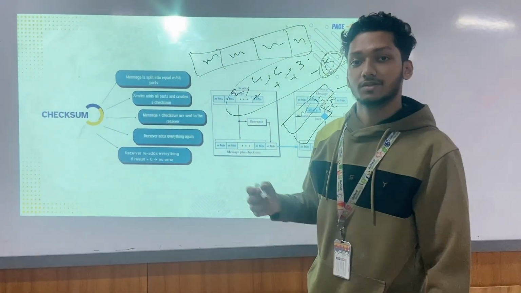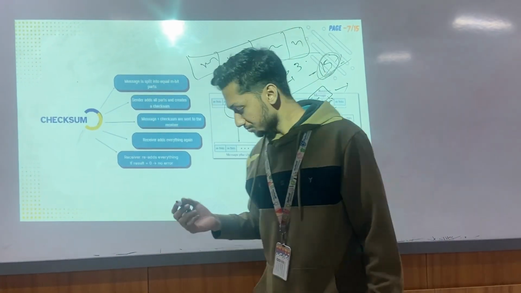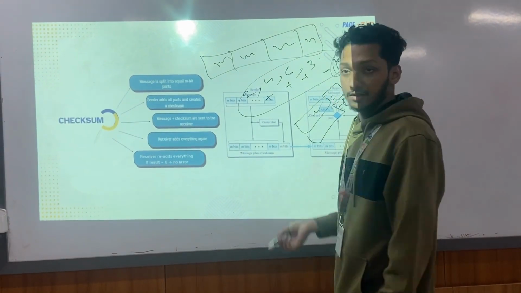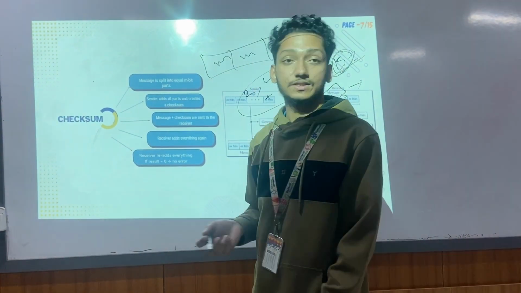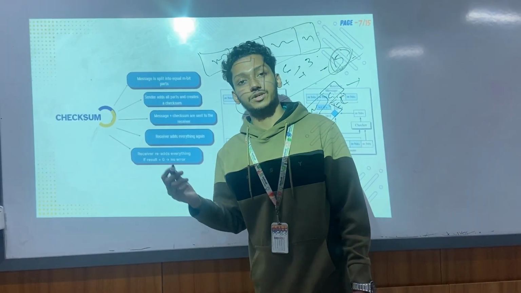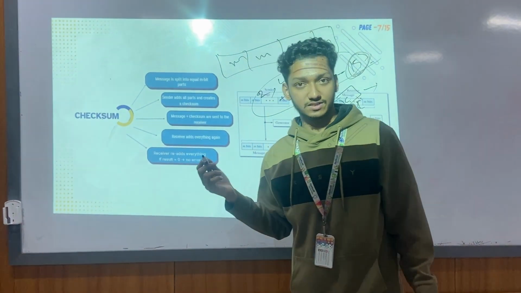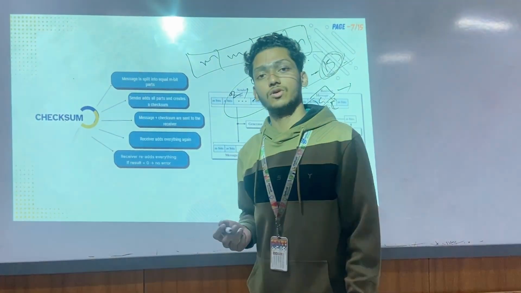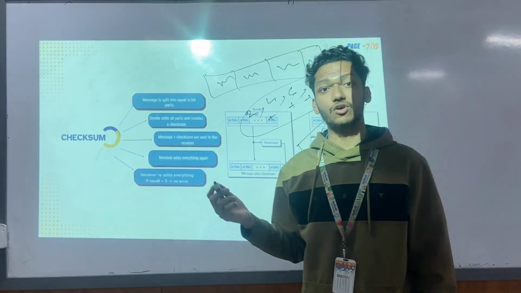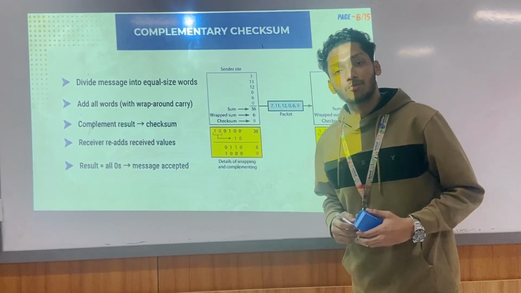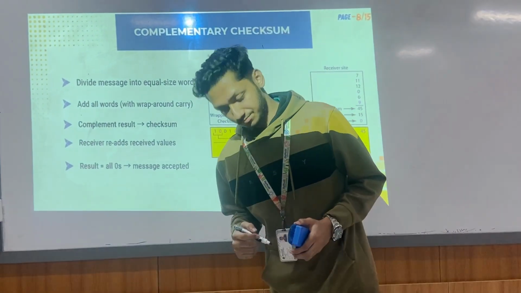The receiver end will add all the sums, and if the result becomes 0, then the message has no error. If the sum of the message is not 0, then the message has error and we request another message. There is a problem with our checksum technique.